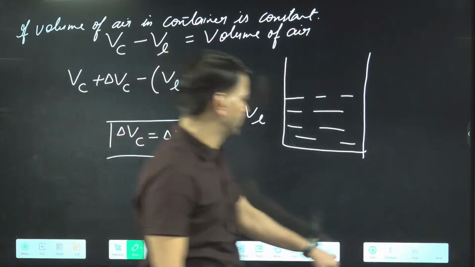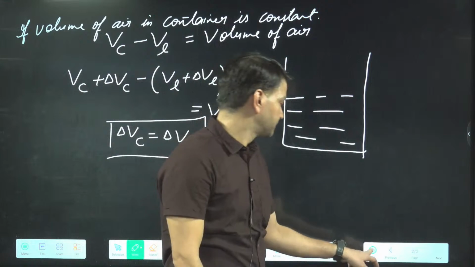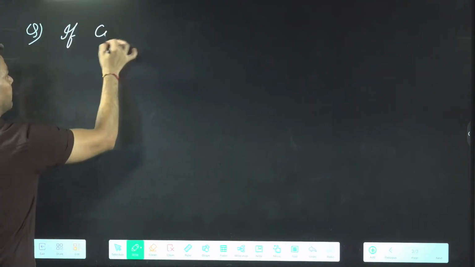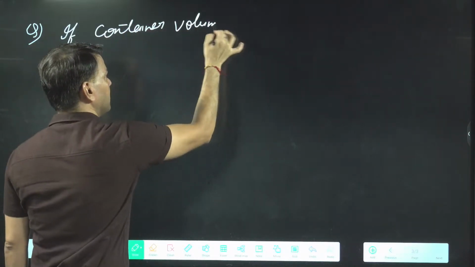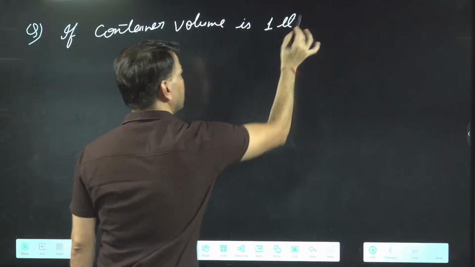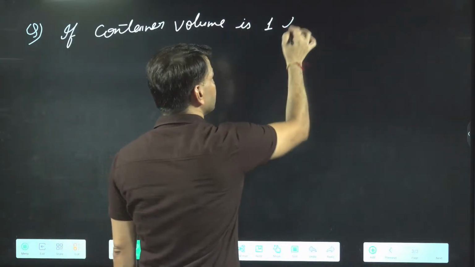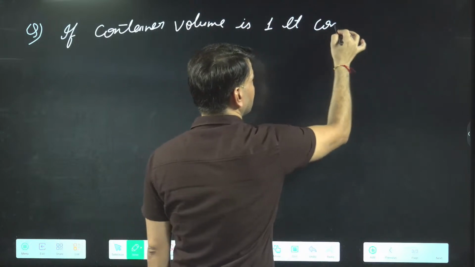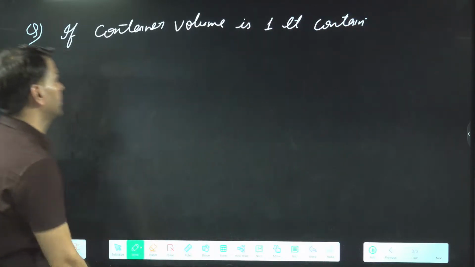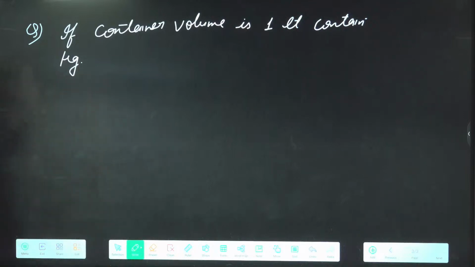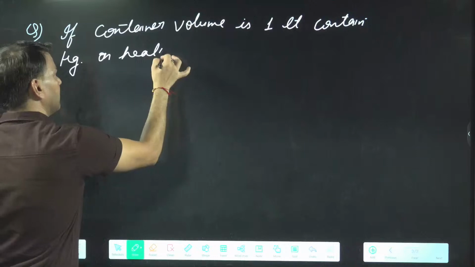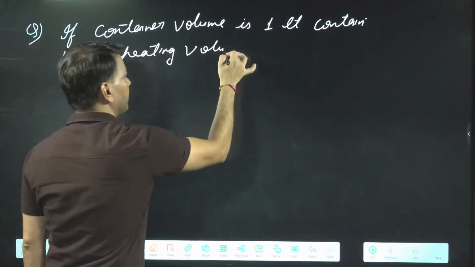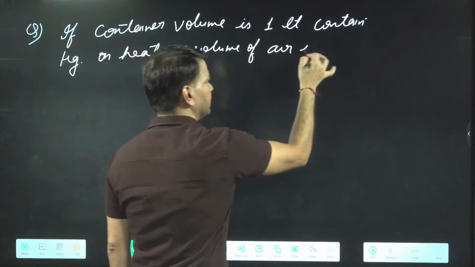Okay, so one question we can do on this. If the container volume is 1 liter, containing mercury, on heating, the volume of air is not changing.